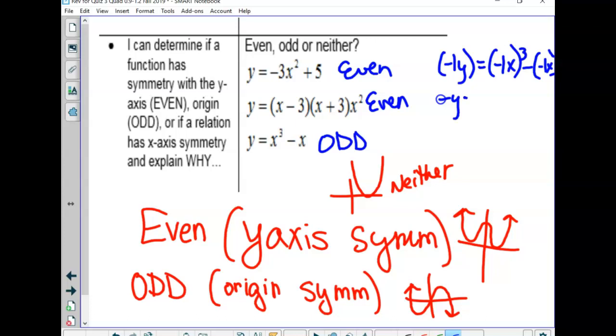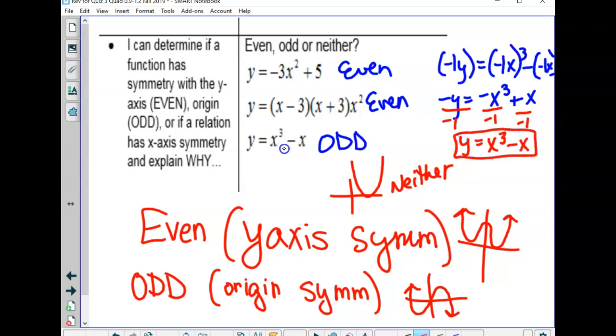This would be negative y. A negative 1 to the third would be negative. Negative times a negative back here would be positive. But then if I divided everything by negative 1, I would get back to y equals positive x cubed minus x, which is what we started with.